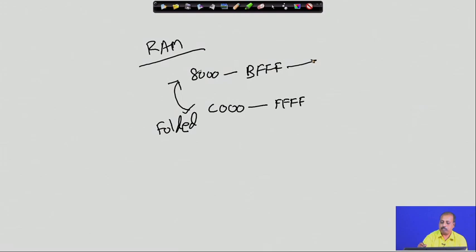This way you can interface ROM and RAM chips to a system for getting the memory map as you desire for your system.